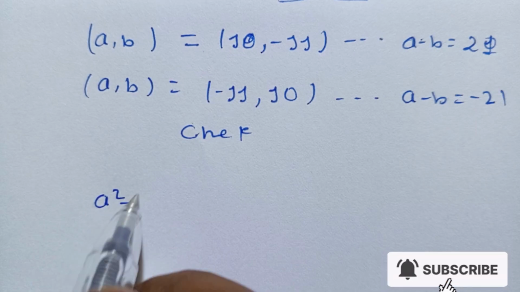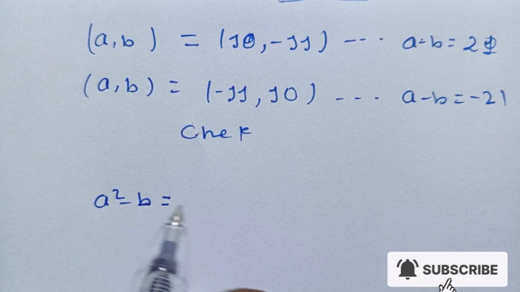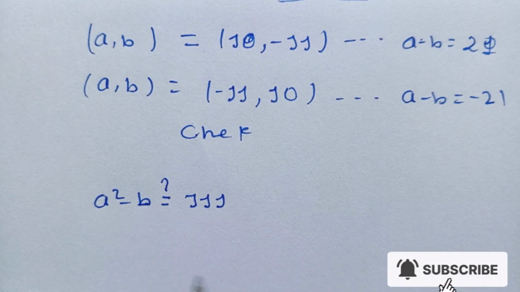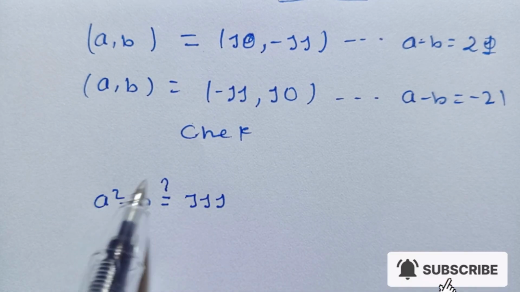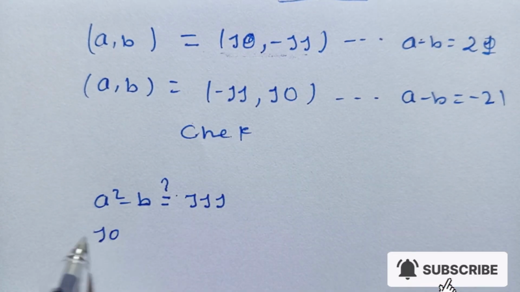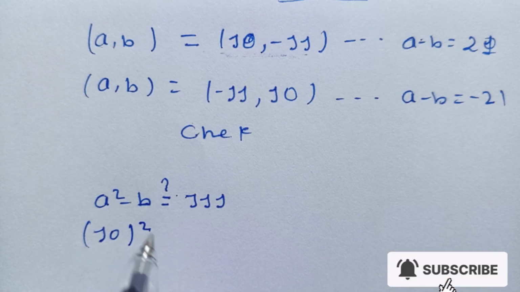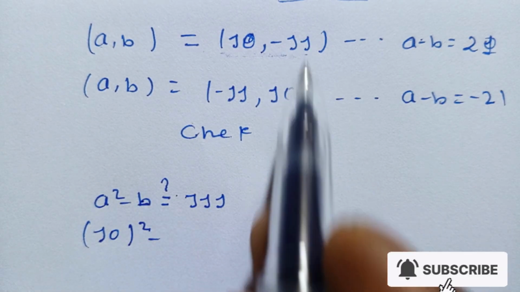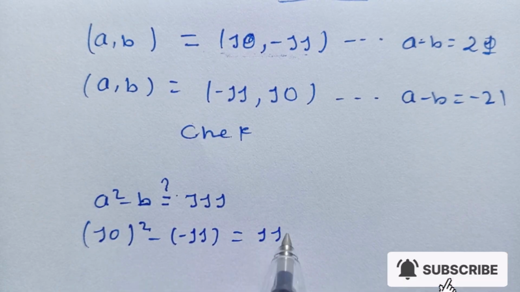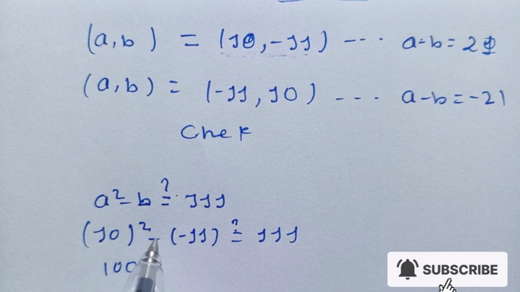a square minus b equal to 111. Putting in this solution: 10 square minus b, minus 11, equal to 111. 100 plus 11 equal to 111.